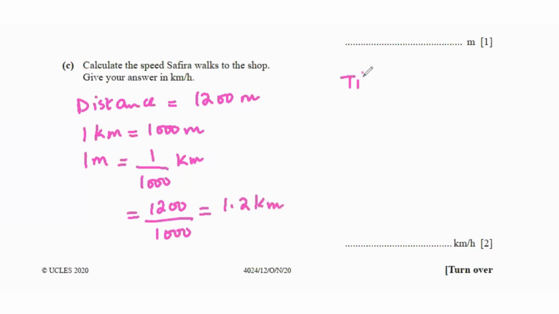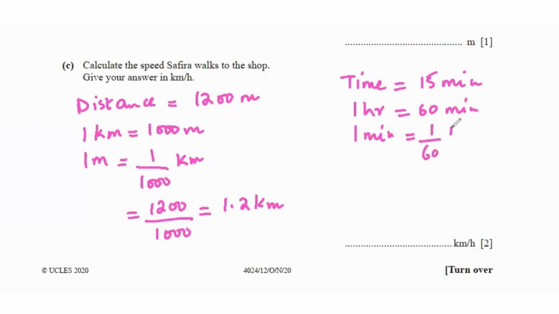Now for the time, she took 15 minutes. 1 hour equals 60 minutes. 1 minute is 1 over 60 hours. So we do 15 over 60, which is going to be 1 over 4.